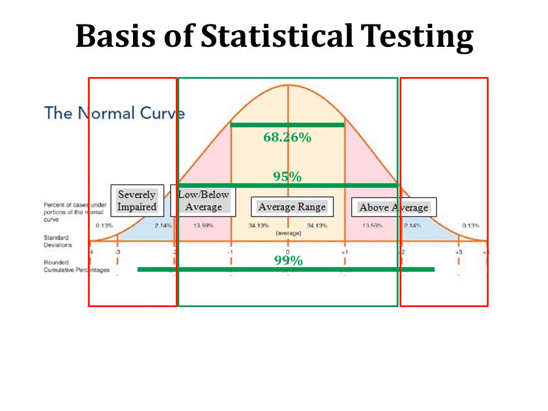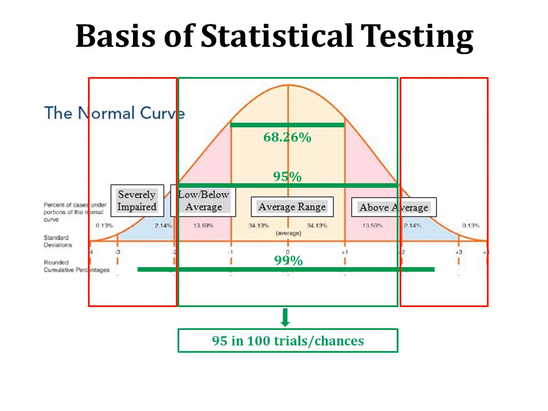And any observations which lie outside of this range, how much probability do they collectively have? They collectively have a probability of 5%, a probability of 0.05, which means that the values within this green area are 95 in 100 trials, so they are quite likely to occur because their probability is 0.95.